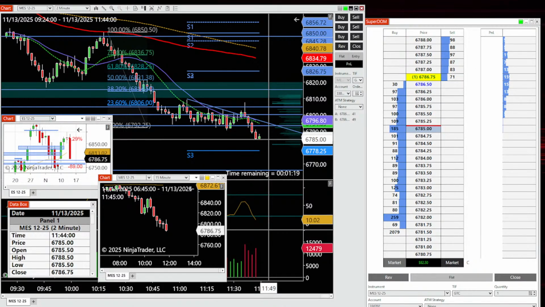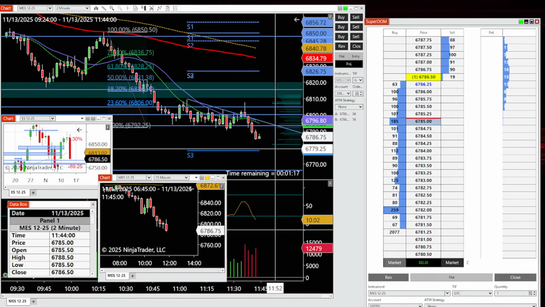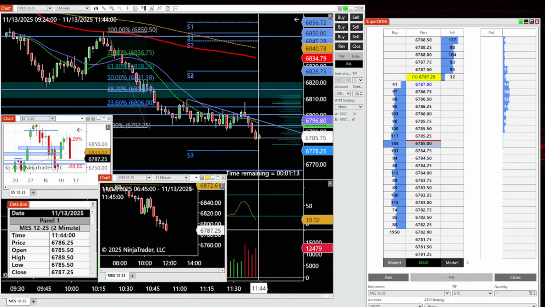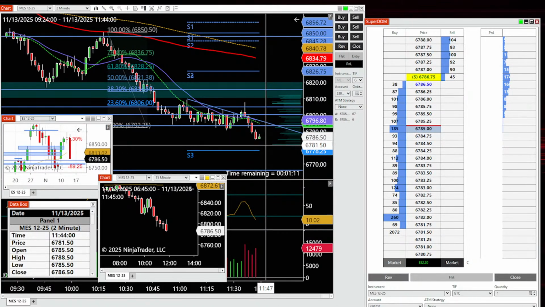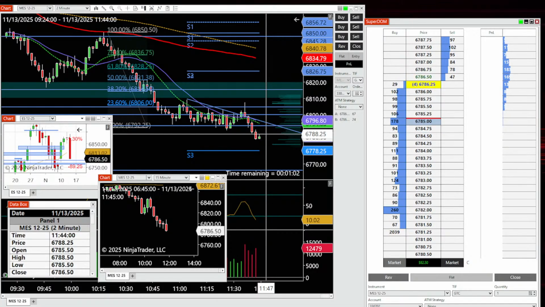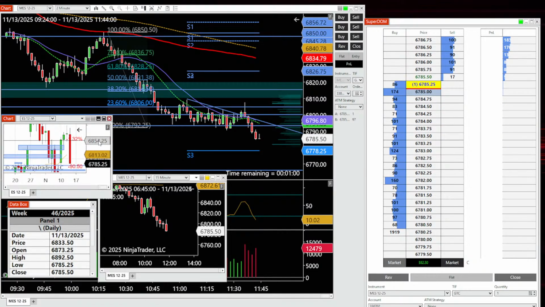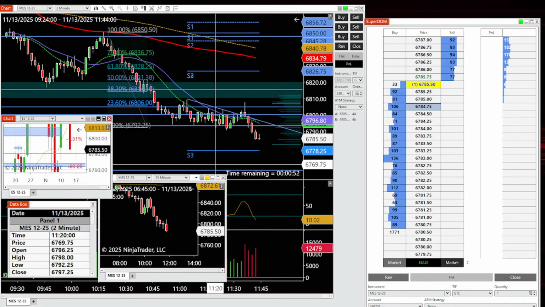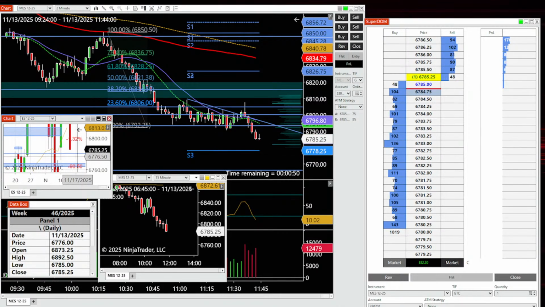Gave back about 5 points on the pullback. What would have happened if I would have just held on? Coming back down to 80.